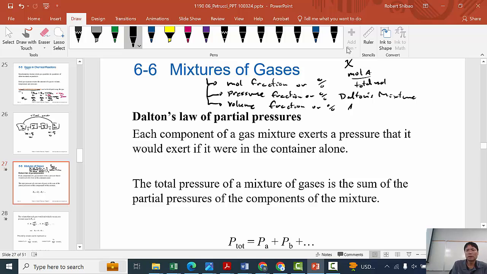This is called Avogadro's mixture. For a given mixture, this is one of the key things here.